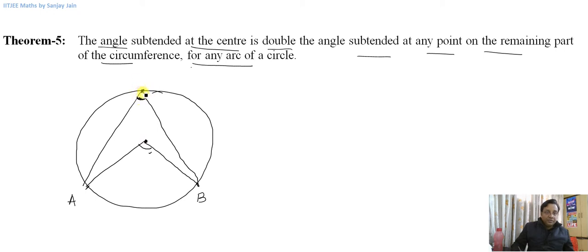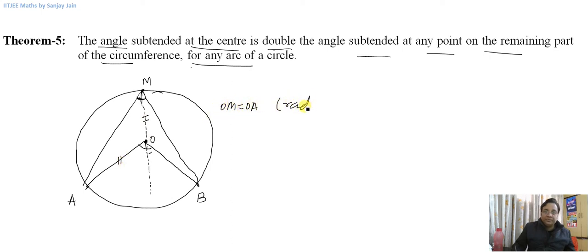So what I do here is I'll join these 2 points and extend this line like this. Now look at this. If this is O and let it be M, what can I say about OM and OA? OM is equal to OA, right?